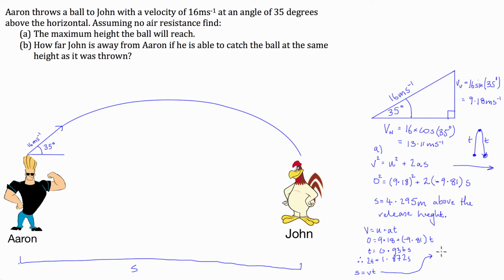So then S will equal the horizontal velocity, which is 13.11, multiplied by the time, 1.872, and that's going to give us 24.54 meters. So that's what this is going to be equal to here.